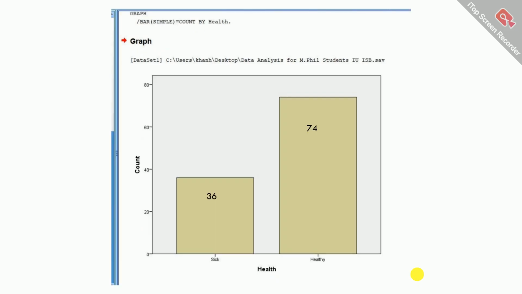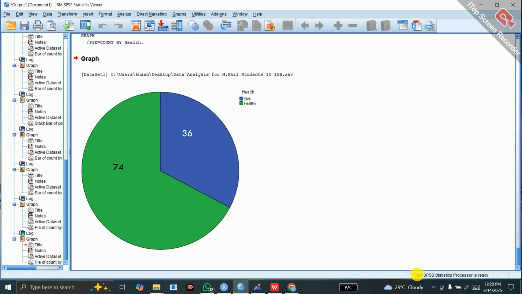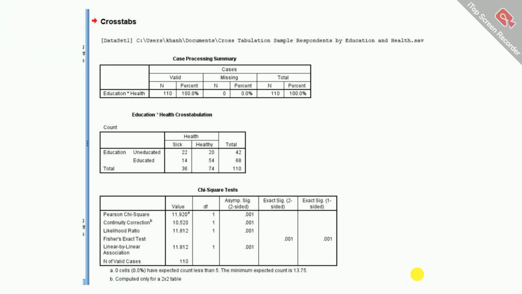This is the simple bar for health: 36 are sick and 74 are healthy. This is the pie chart for health again, and this is the cross tab for education and health, and here is the chi-square test.